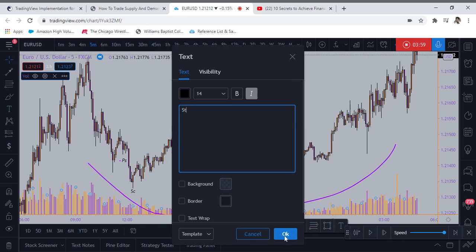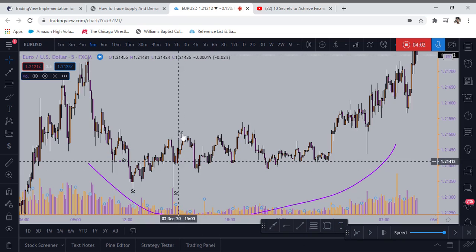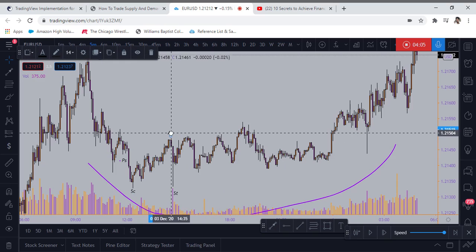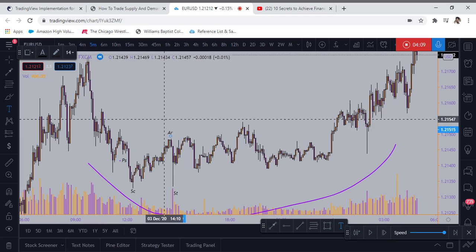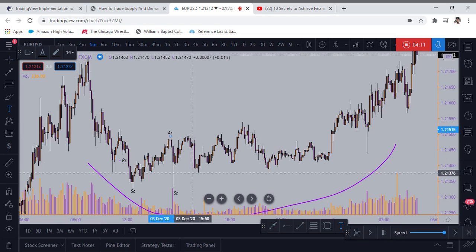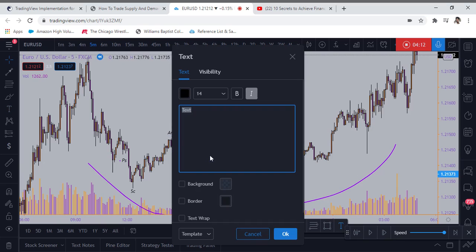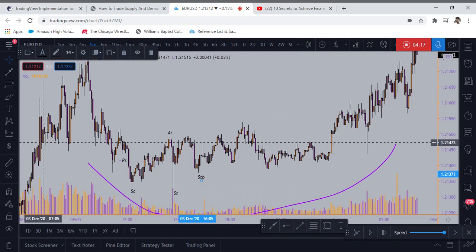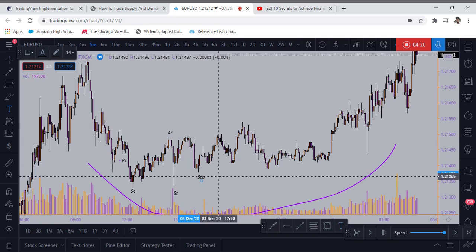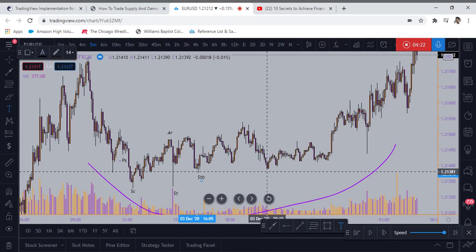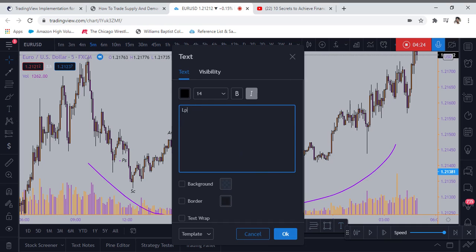Market did a little secondary test right there, trying to come back to SC and ST. And then you could put STB right here. STB. Might rise up, I want to say LPS.